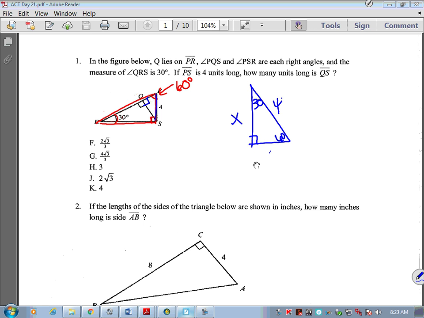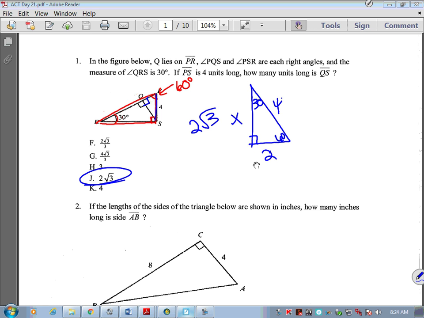It's opposite the 30. So if my hypotenuse is 4, what's my short side? No, you're going the wrong way. The hypotenuse is always double the shortest side on a 30, 60, 90. So this should be 2, right? Because 1, 2, 1 radical 3, right? So this is going to be what? 2 radical 3.